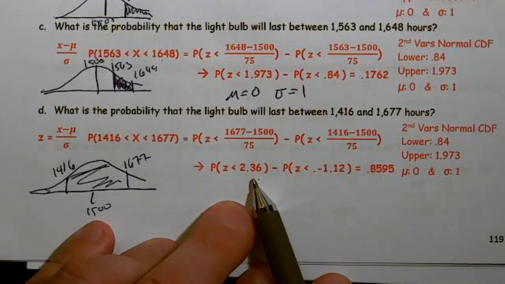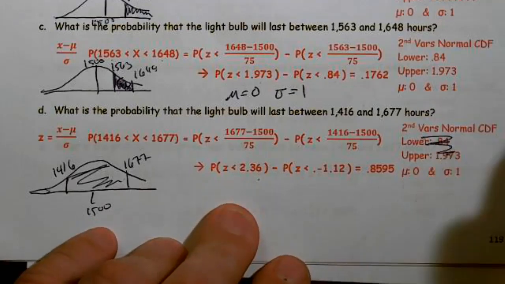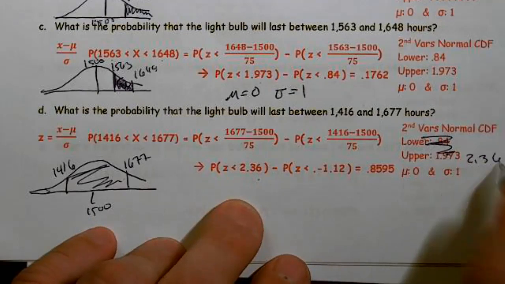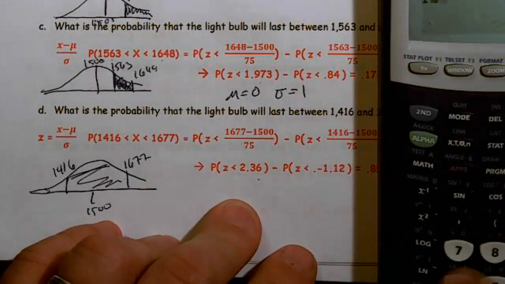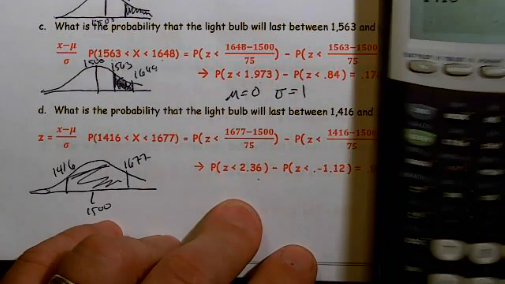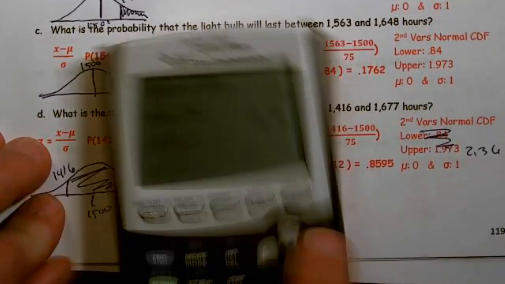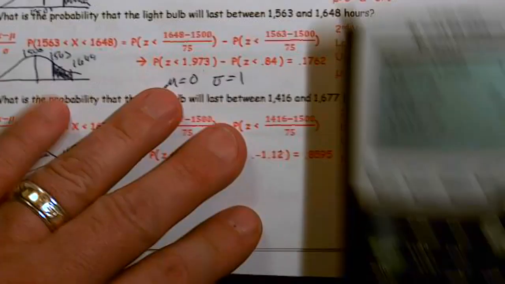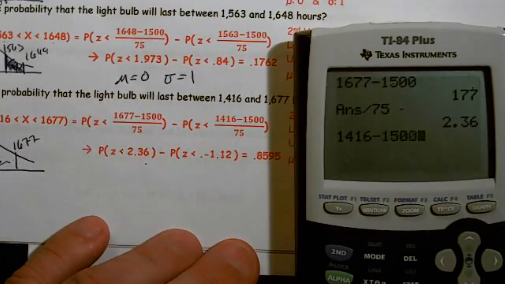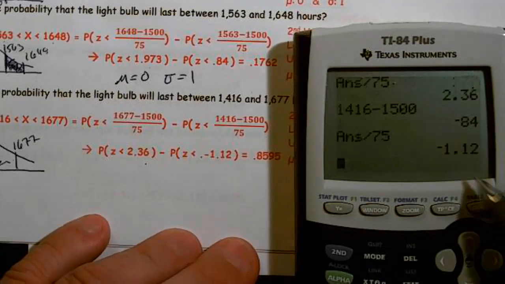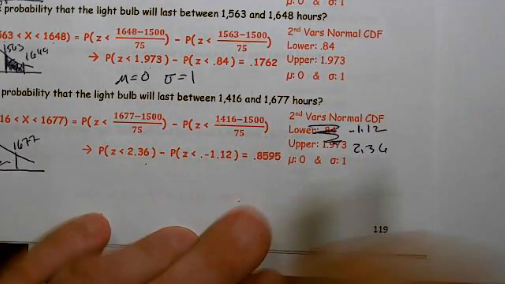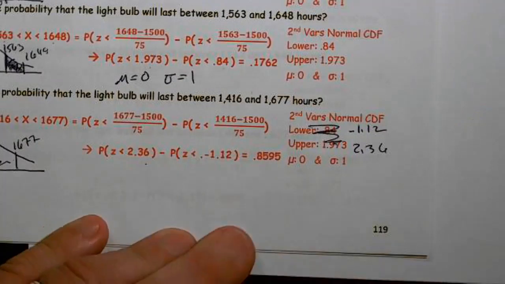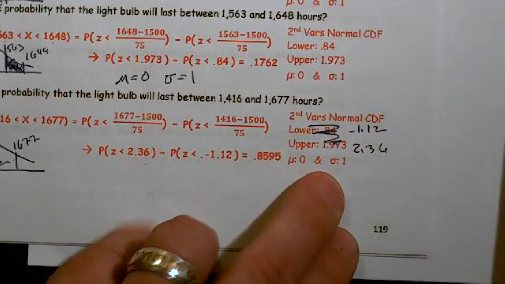I'm glad I have that right here because what's off to the side is not correct. So this is going to be 2.36. And then 1,416 minus the 1,500 divided by the 75, and I end up getting negative 1.12. So I'm going from negative 1.12 to 2.36.